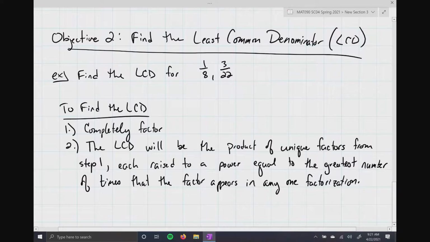All right? So like I said, it's lengthy, but once you see it, it's like, oh, it's actually very easy.